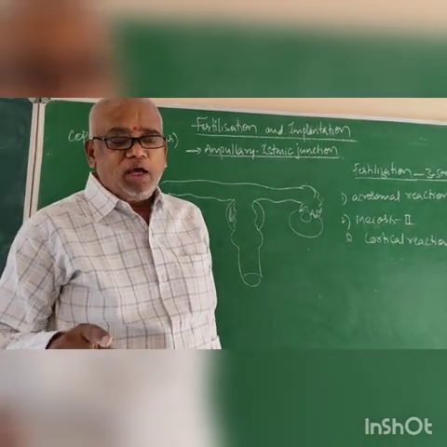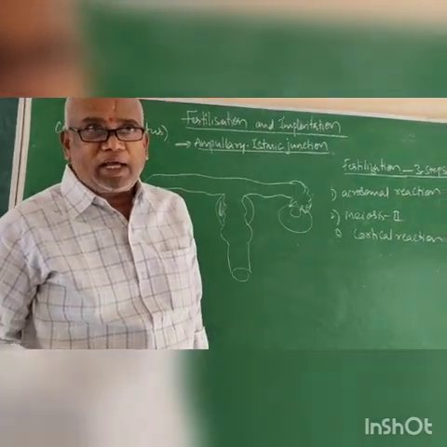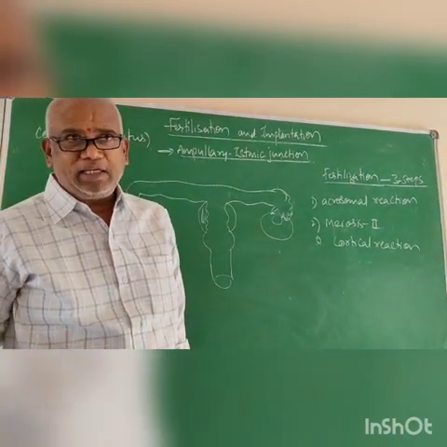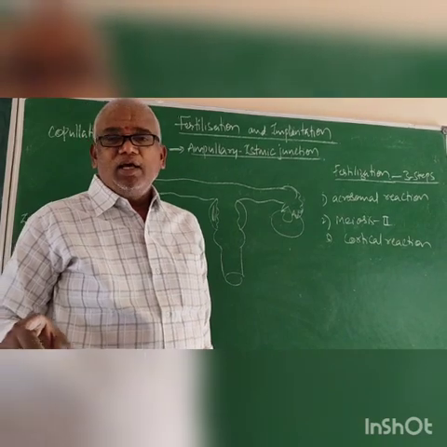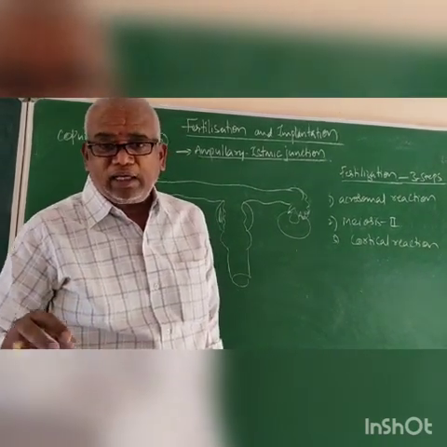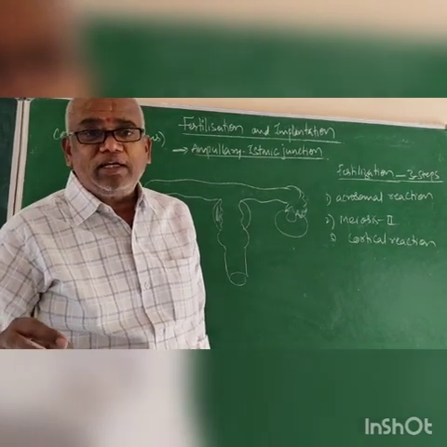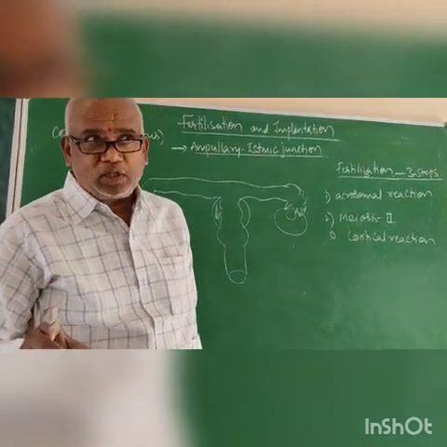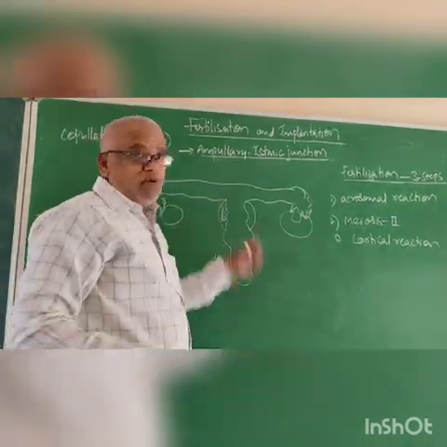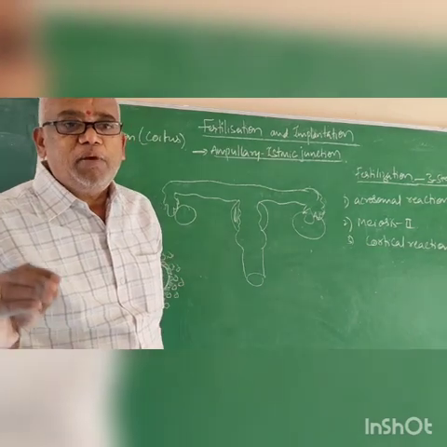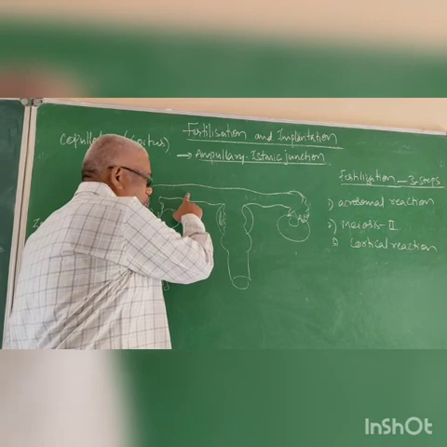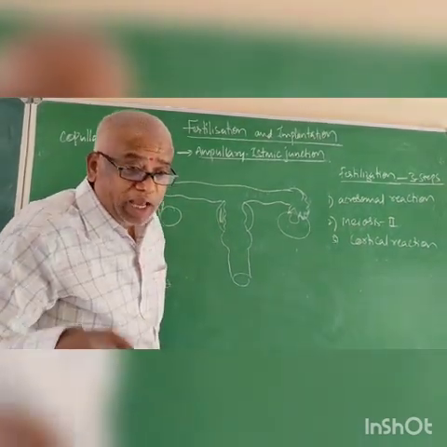Based on larva, if larval formation occurs during embryonic development, it is direct; if larval formation occurs indirectly, it is indirect. So keep in mind: fertilization, external and internal. Now our fertilization is internal, in the female body, in the fallopian tube.